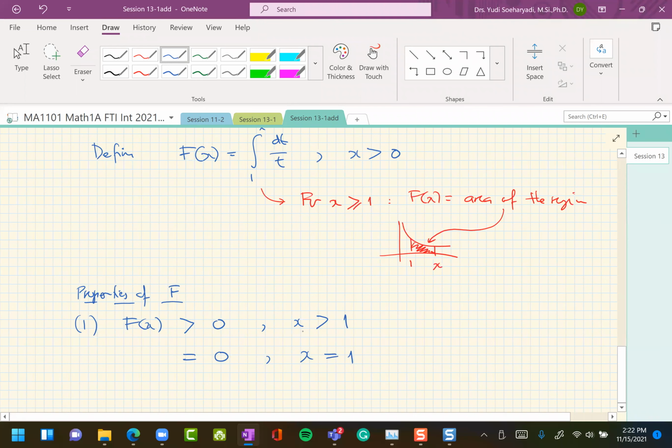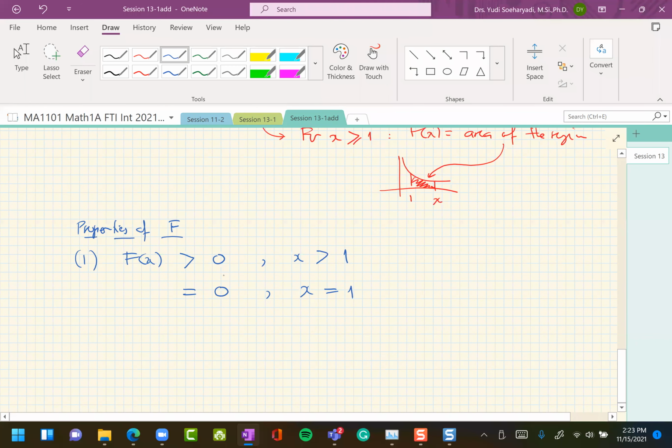For x bigger than 1, meaning to the right of 1, you see the region, it must have a positive area. For x equals 1, it coincides with 1, so there is no region, just a line, so the area is 0. And when x is less than 1, that should be negative. Why? Because you compute the other way around, right? So the properties of the integral.